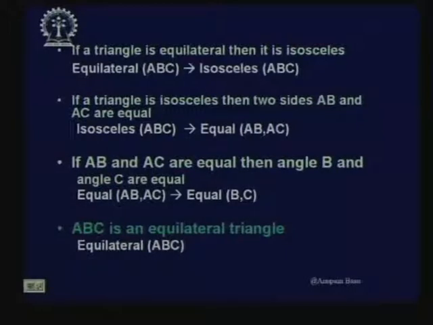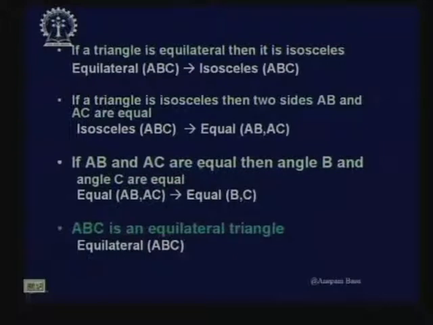we next represent these in the form of propositions. If a triangle is equilateral, then it is isosceles. So, we can write equilateral ABC implies isosceles ABC. If a triangle is isosceles, then the two sides AB and AC are equal. That we can represent as isosceles ABC implies equal AB AC.